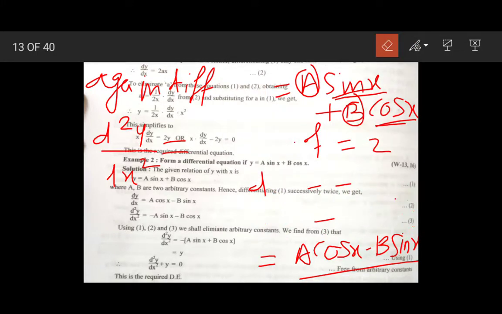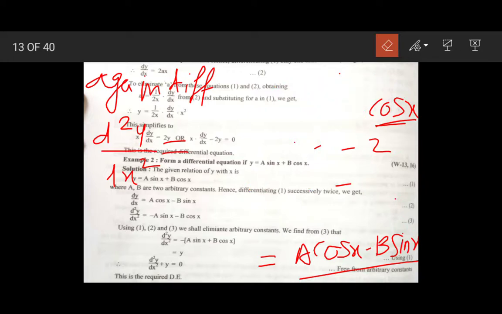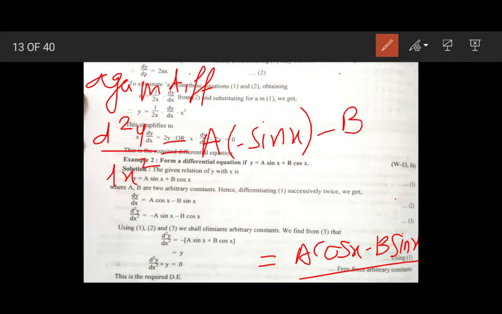So I am just keeping this derivative and the remaining part I am just rubbing so that I can use this area. Okay. Now see, derivative of a cos x. So a will be as it is, then derivative of cos x is minus sin x, then minus b. Derivative of sin x, we know that derivative of sin x is cos x.